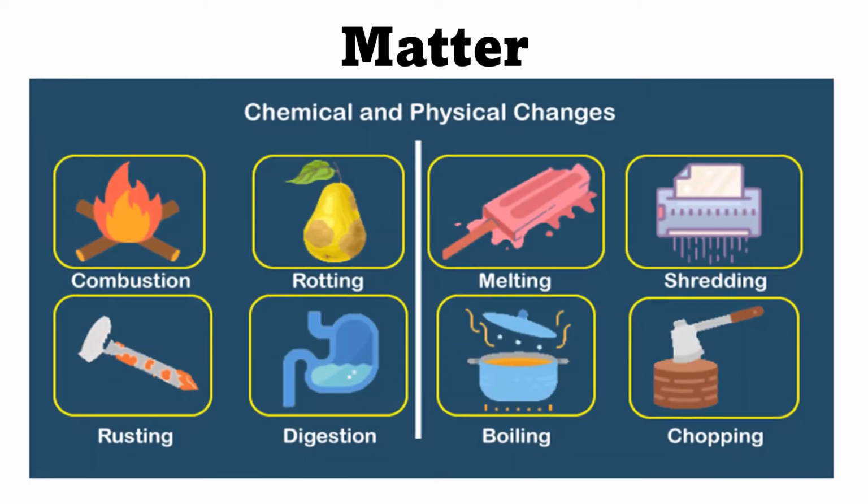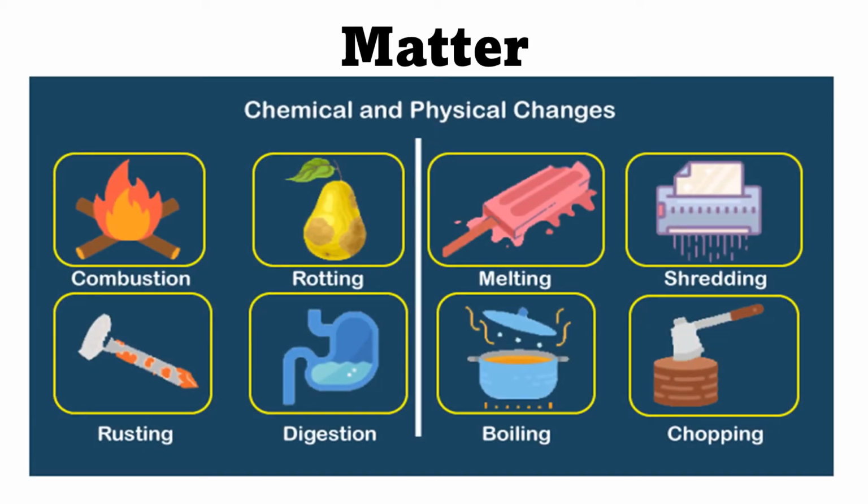Another property we need to remember of matter is physical and chemical changes. Matter may be changed both physically and chemically. Physical changes do not alter the basic nature of the substance, while chemical changes do alter the composition of the substance.